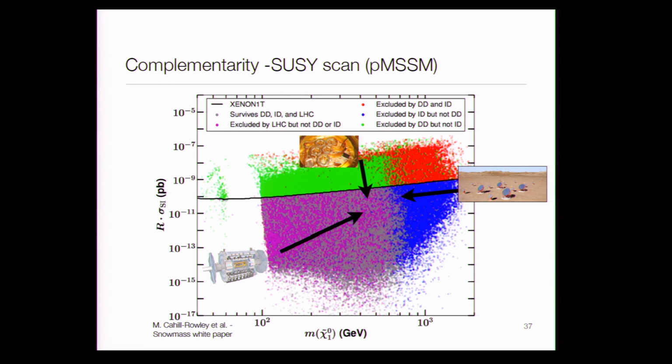The color coding is such that the green points will be excluded by direct dark matter experiments, but not indirect. The blue points will be excluded by indirect, in this case CTA, but not direct detection. The red is where both will see these models, and then these purple ones are the ones that the LHC will see.